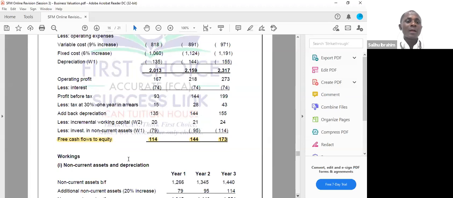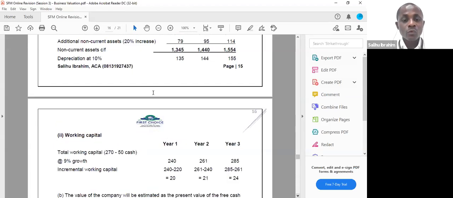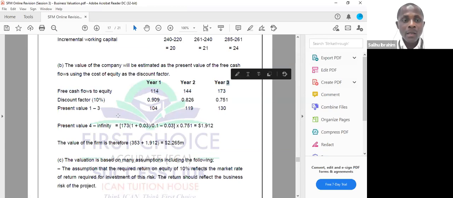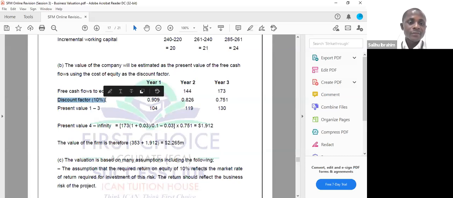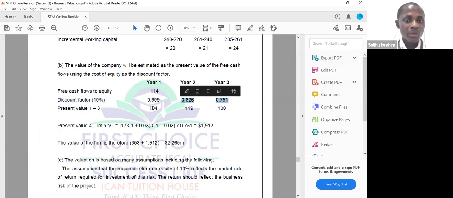Requirement B. So look at it. These are the free cash flows we computed up there. And our discount factor is at 10%, which is the cost of equity. So the 10% discount factor for year 1 is 0.909, year 2, and we have it for year 3 as well. When you multiply this, you get your present value of year 1 to 3.